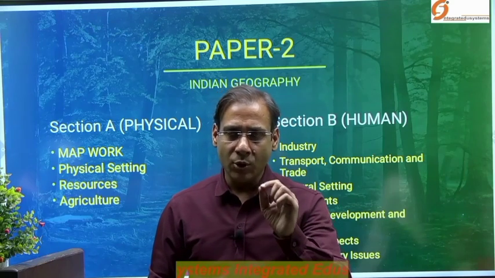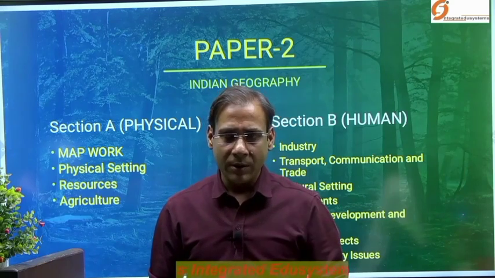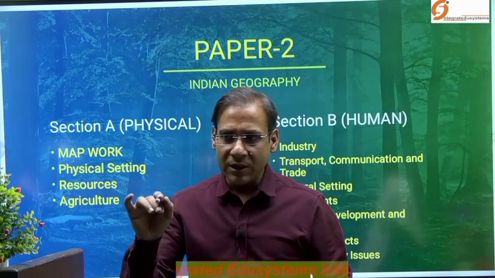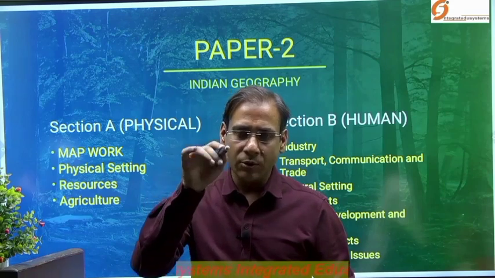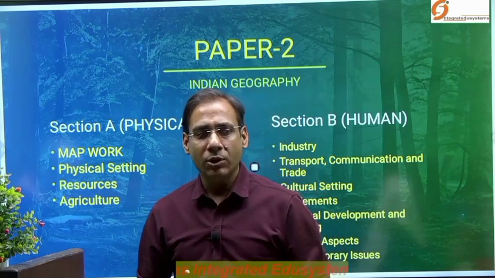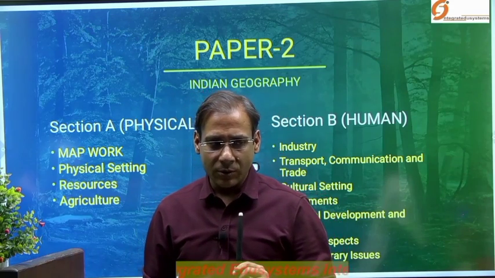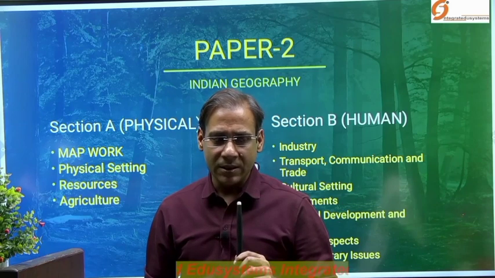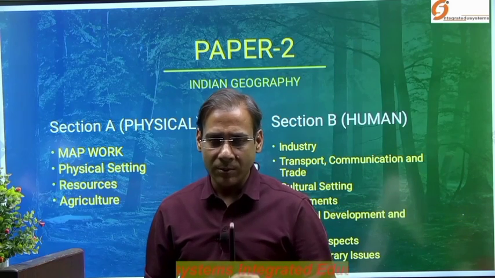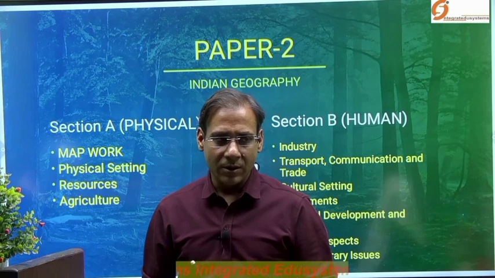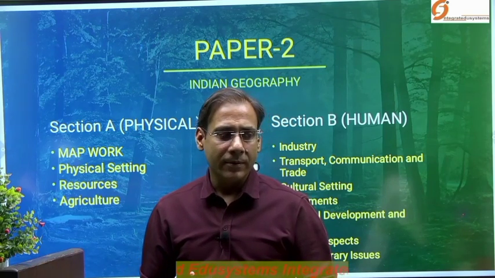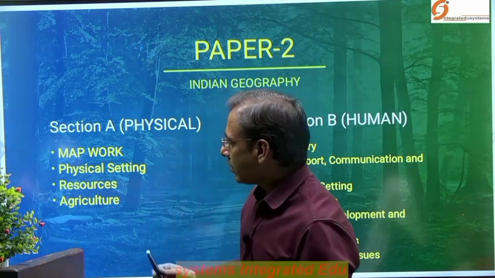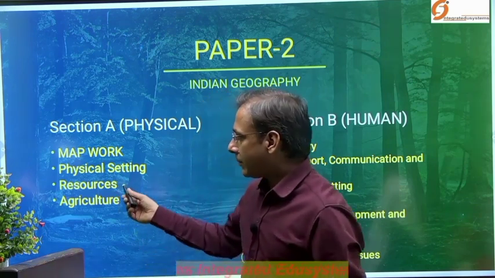You have to locate those entries on the map and write some features, and what features you have to write is also mentioned in your paper: the ecological significance, physical significance, economic significance of those entries. I will show you the question, then you get the idea clearly.